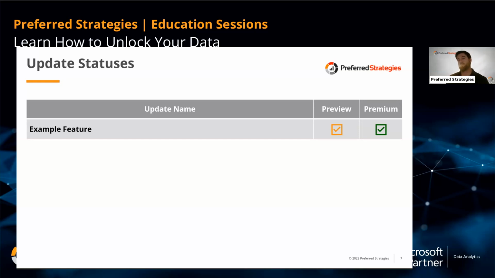So you need to be cautious when deploying these to production environments. And for premium features, usually that means that it needs to be either in a premium per user capacity or a premium capacity or now a fabric capacity, right?